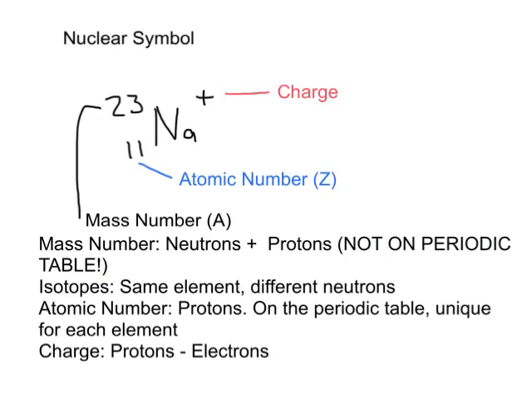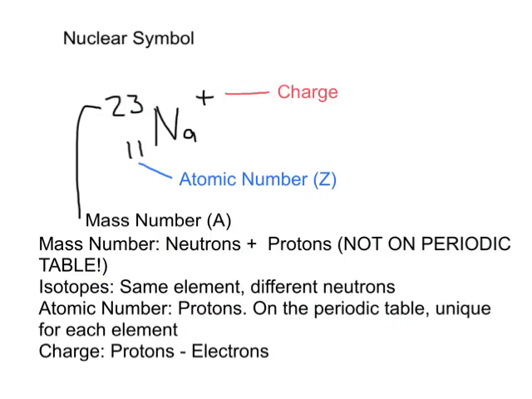Differing your number of neutrons changes the mass number, so the mass number will be different for different isotopes of the same element. That's why this number is the one that has to be there, because it could have multiple values for the same element. The atomic number, on the other hand, tells you just protons. This is found on the periodic table, and it's unique for each element.